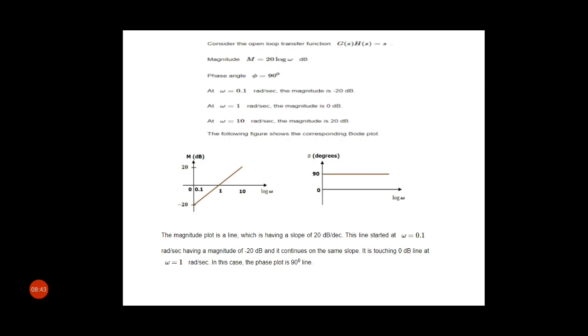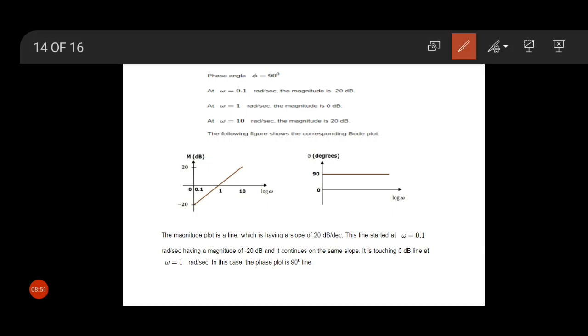Now we put the values in this graph. At omega 0.1 our magnitude is minus 20 dB, at omega 1 it is 0 dB, and at omega 10 it is plus 20 dB. Now we connect these three points, and this is our graph.